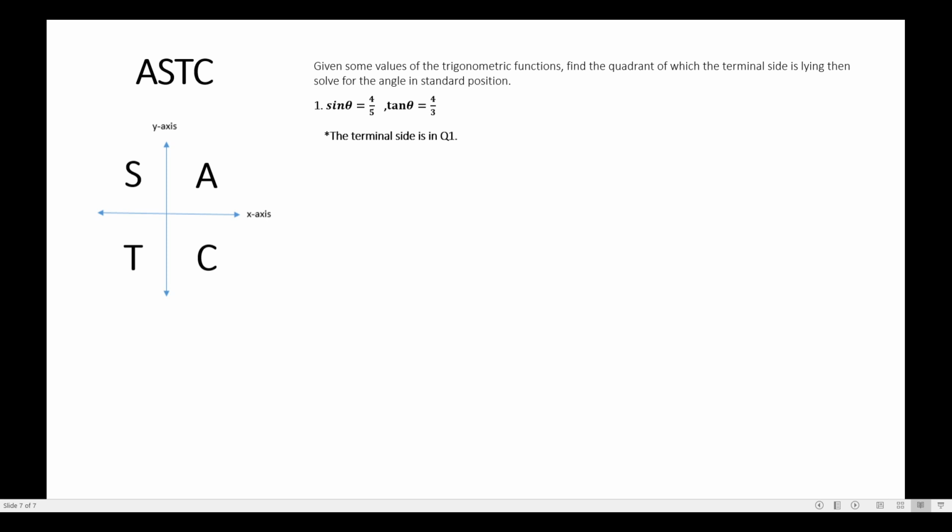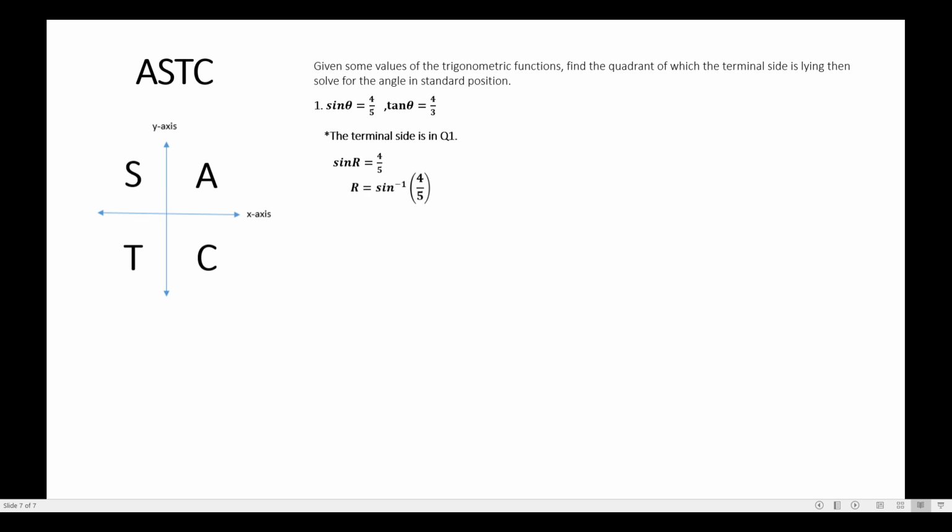That means all functions are positive, and the terminal side is in quadrant 1. You can choose any of the functions, sine or tangent, and when you do the inverse, it will give you the same answer. For this one, I choose the sine function, which is 4 over 5.